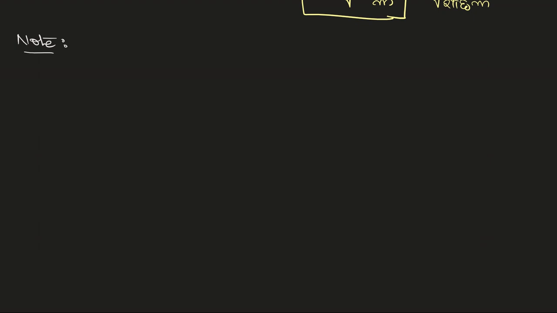If you are given a semi-infinitely long wire, semi-infinitely long wire means we know its initial point, but we don't know its final point.